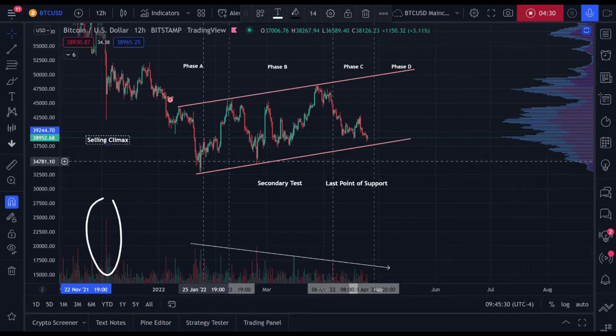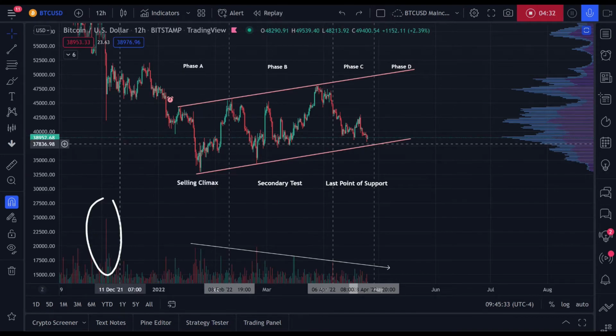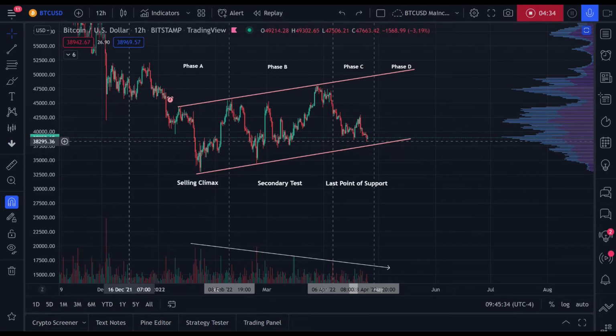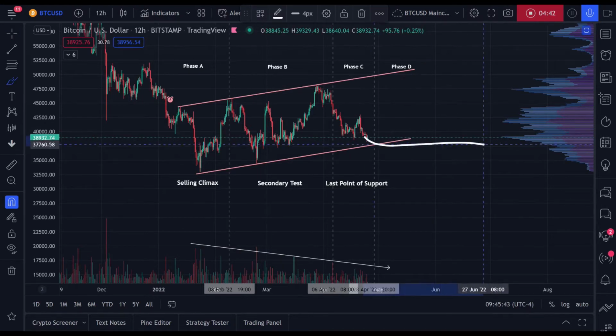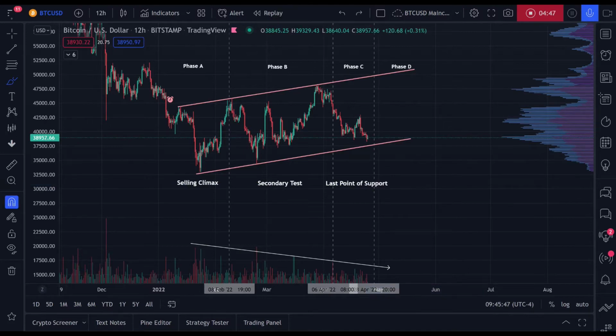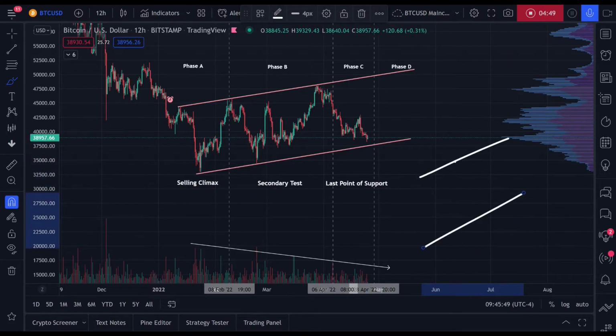To be honest, I prefer the selling climax to be here, because this is a particular Wyckoff accumulation range. Typically, you have Wyckoff accumulation ranges that are horizontal. But in this case, our trading range is slanted.